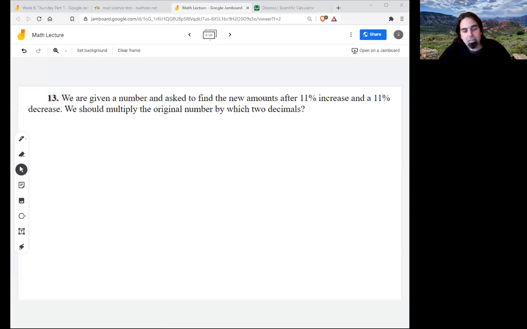Number 13, after break on the mad science test. We're given a number and asked to find new amounts after an 11% increase. So we're going up by 11% and an 11% decrease. So we'll find some number and then go down by 11%.